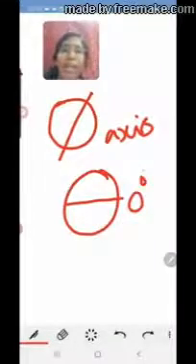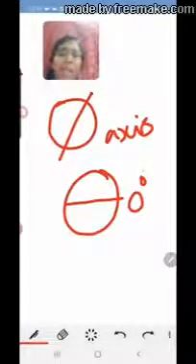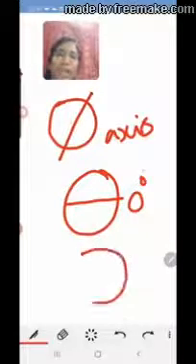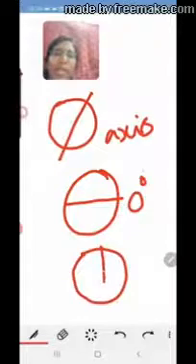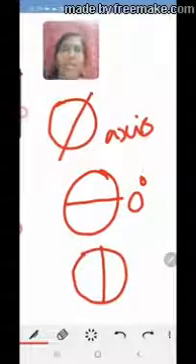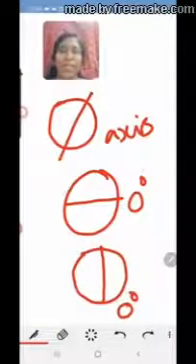It is a horizontal line which passes through the middle of the earth and divides the earth into two equal halves. Then the other important line is the vertical line which passes through the middle of the earth and divides the earth into two equal halves, that is the prime meridian.